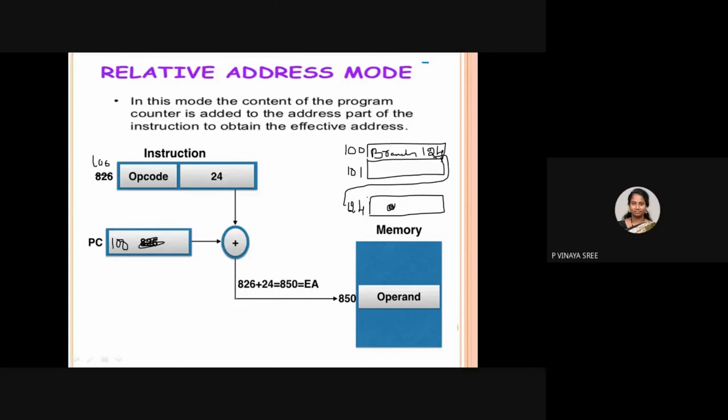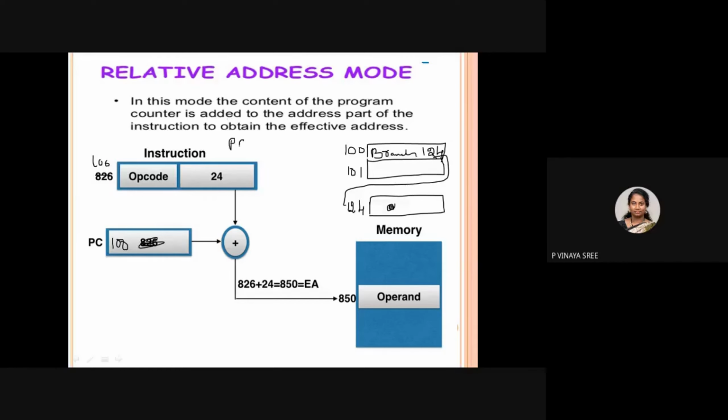For that we can mention 124 in the address itself, but the problem with relative addressing mode is that if you mention 124, the number of bits occupied for specifying 124 will be more. So instead of that, we'll be using simply an offset.